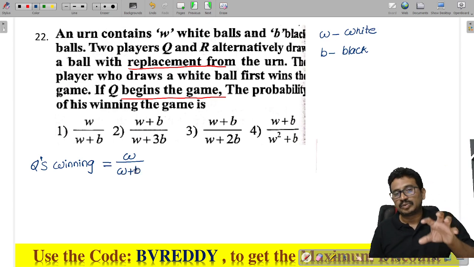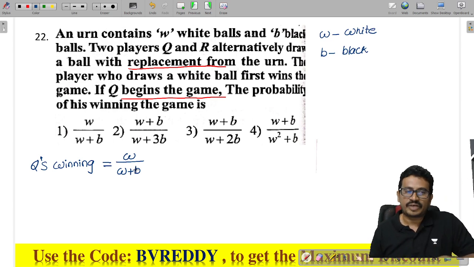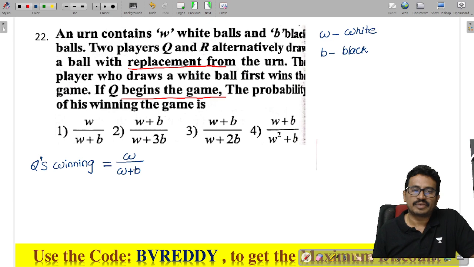If Q got the white ball, fine, the game is over. But in the first trial, he may not get the white ball.